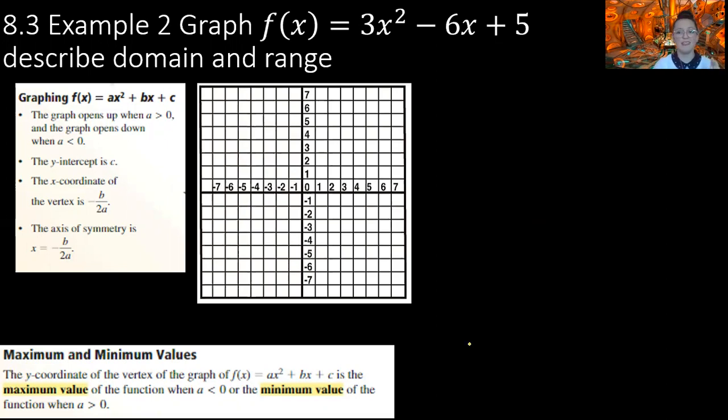So we are going to graph it, and then we have to describe the domain and range, which is a vocab word that should at least be familiar. We've done domain and range in the fall semester when we did linear equations and things like that. You've done domain and range for other functions, but it's just not something we have done this semester all that much. But we're going to go through it again.